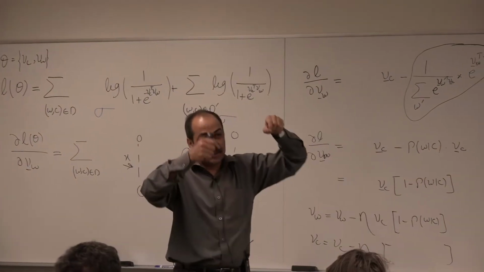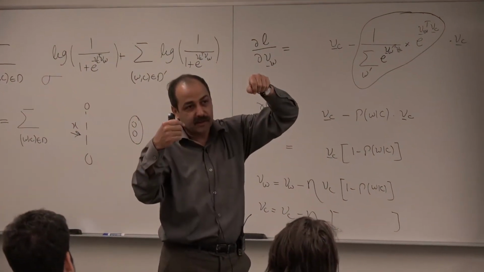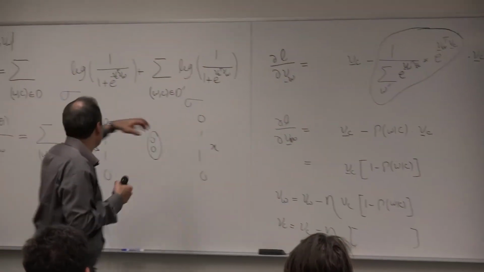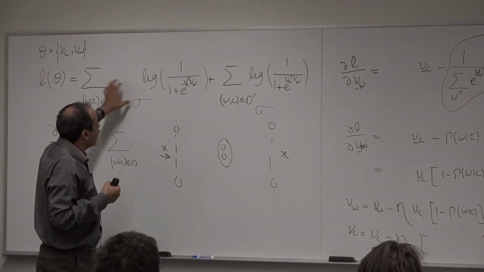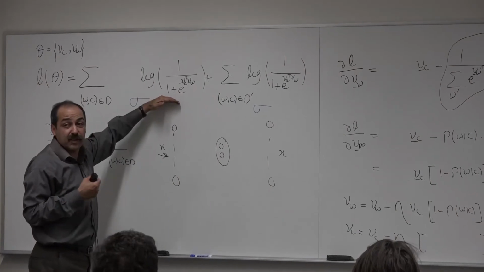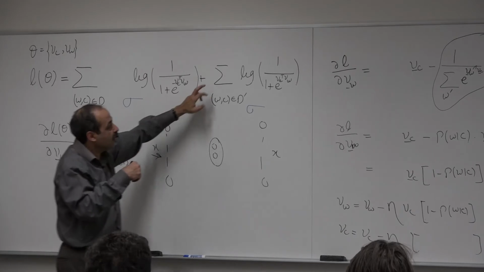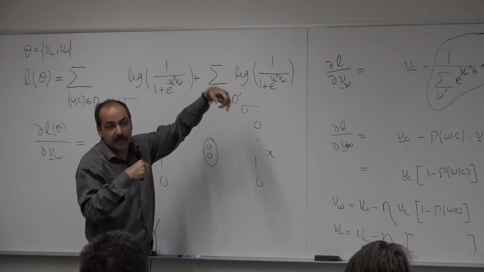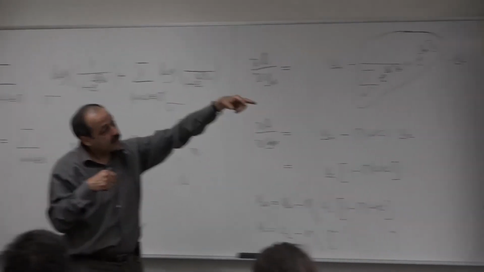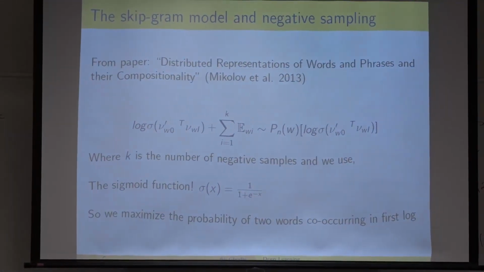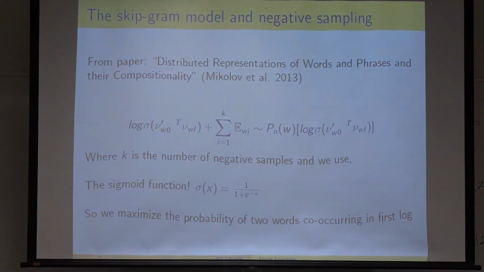For every pair that is in the corpus, they want k pairs that are not in the corpus. If you maximize this objective function, basically you are maximizing the possibility of a word being in the corpus and minimizing the possibility of k words being in the corpus.